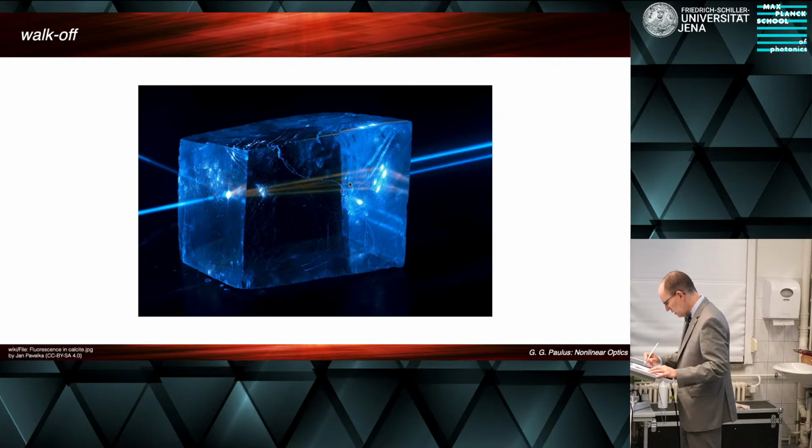So the reason is that the wave vector k and the Poynting vector s are not parallel if k is not parallel to one of the semi-axes.